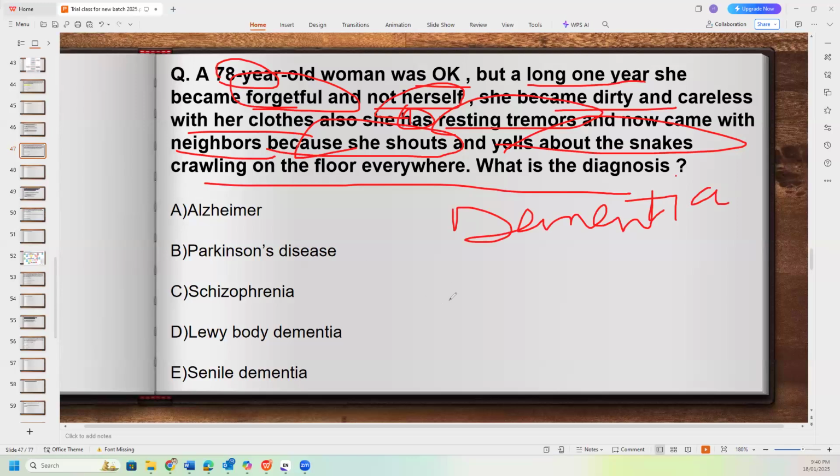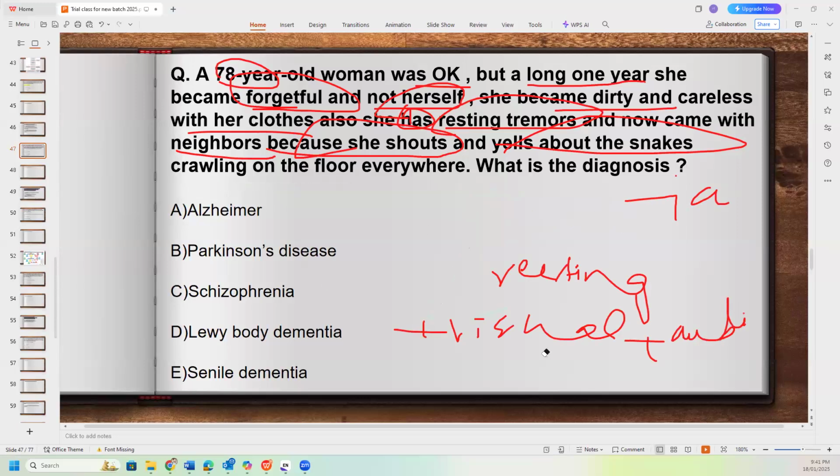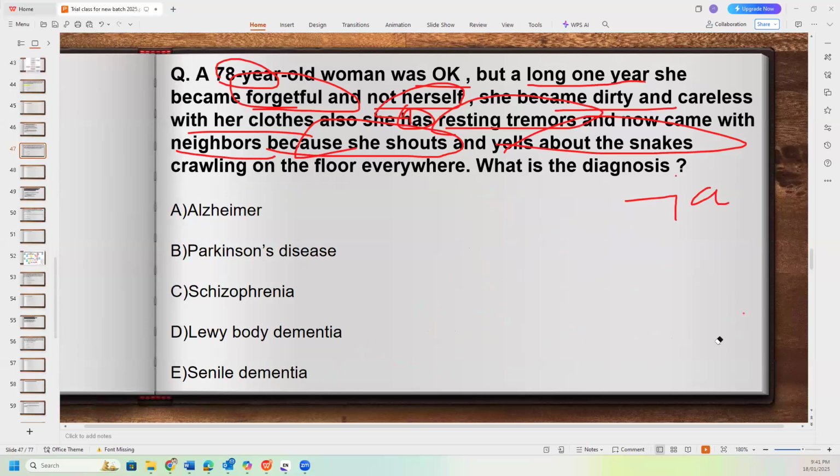Very good. On top of having dementia, she has resting tremors plus visual and auditory hallucinations. So dementia with some signs of Parkinson disease and hallucinations is called Lewy body dementia.